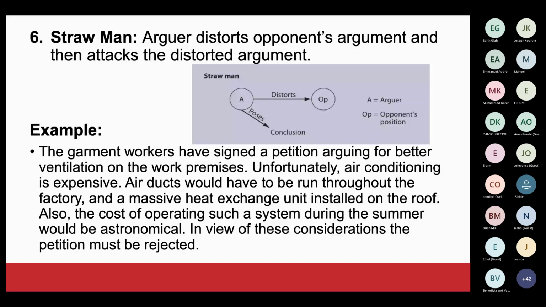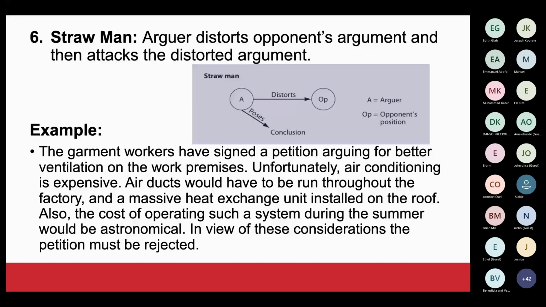Now the arguer comes in and distorts what the workers, who are supposedly the arguer's opponent, say. He starts by telling us that air conditioning is expensive. Is that what the garment workers were asking for? If they spoke about ventilation, did they talk about air conditioning?